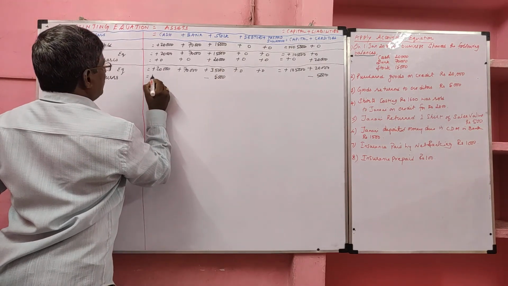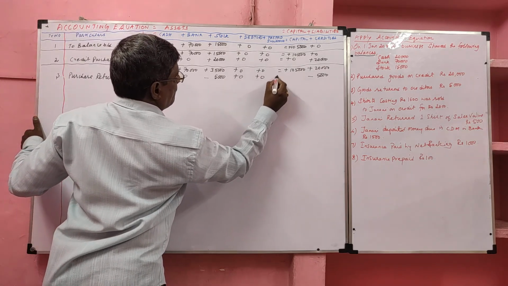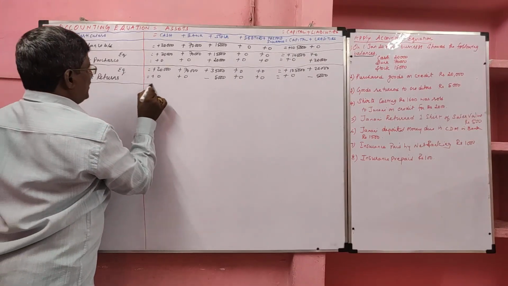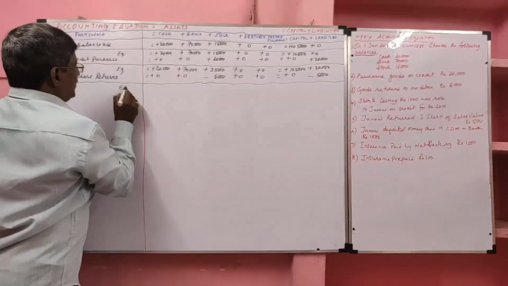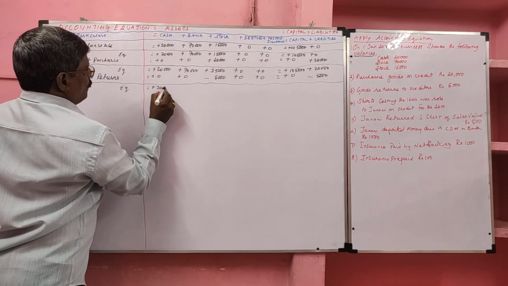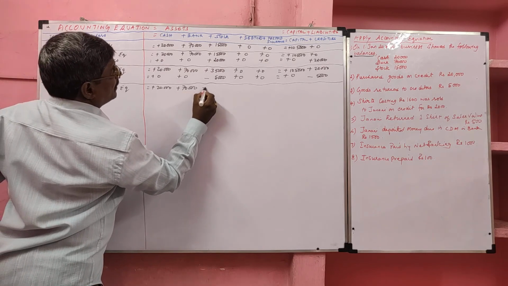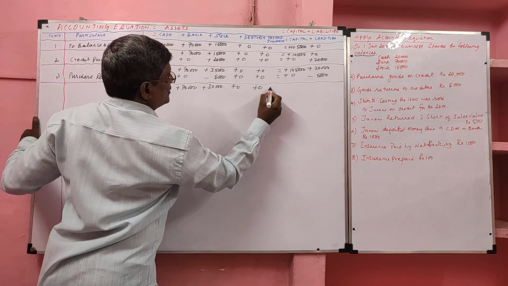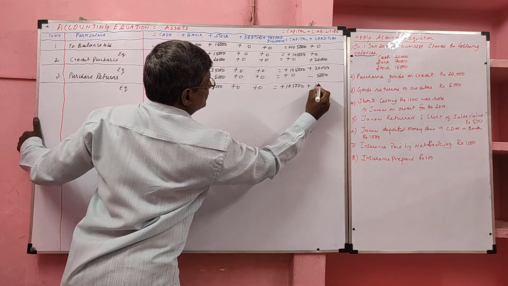Other item we can mark as 0. Now balancing equation, 20,000, 70,000 plus 30,000 plus 0 plus 0 plus 1,05,000 plus 15,000.